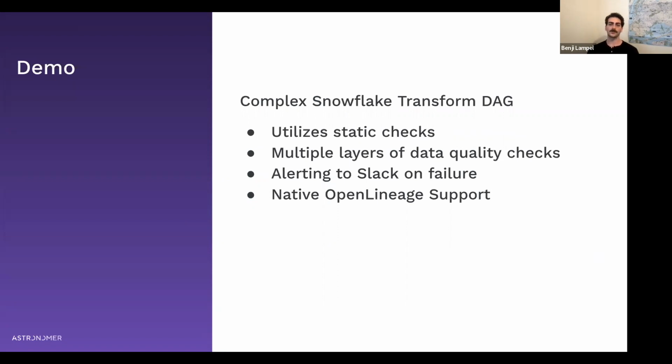We're going to see multiple layers of data quality checks and talk a little bit about why that's important. We're going to do alerting to Slack on failure using the on failure callback built into Airflow. And we're going to see how this native OpenLineage support actually works. So let's first take a look at what this DAG graph looks like.